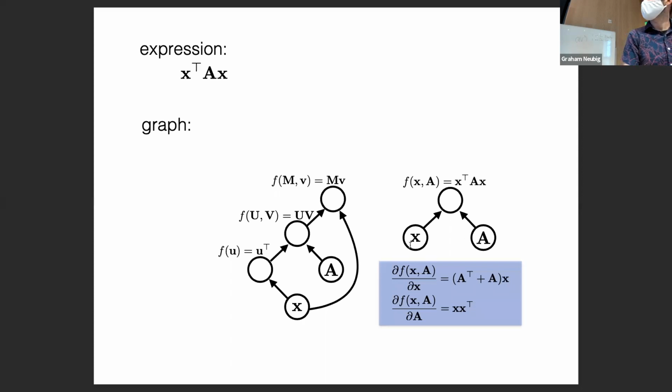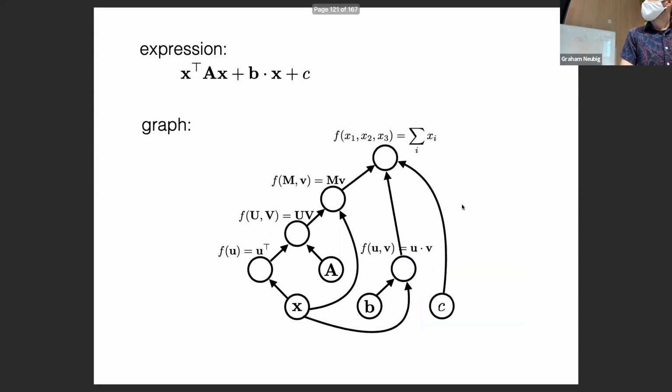So we have an input x and an output a. And if we have a special node, which is like x transpose times a times x, then we could also express the same computation here with a smaller and more compact graph if we want. And so let's say we have a graph like this.